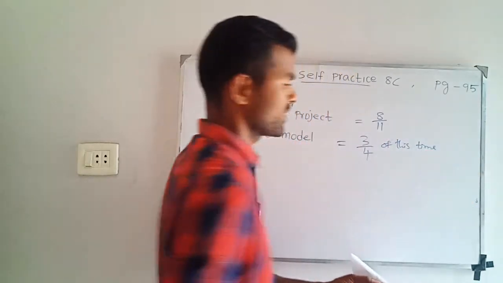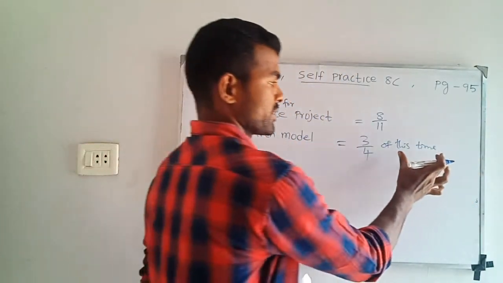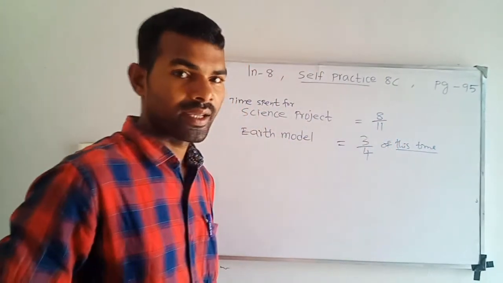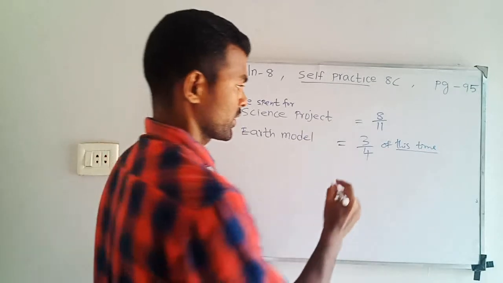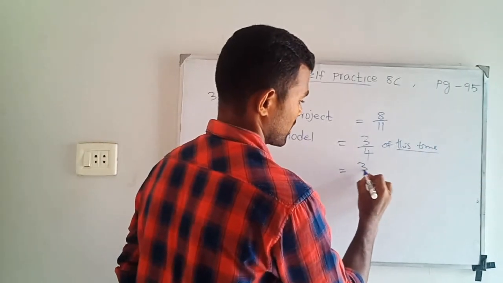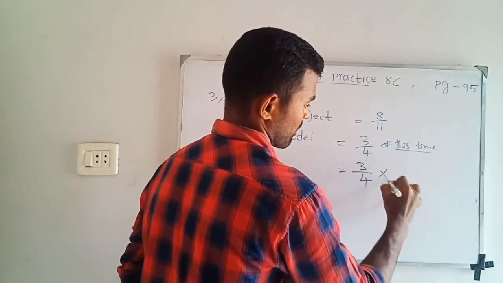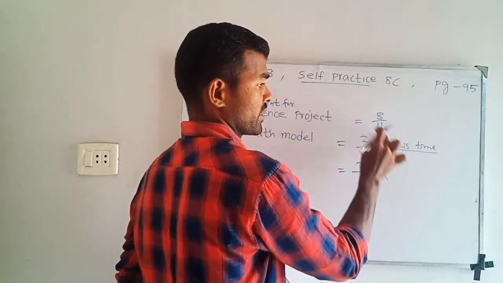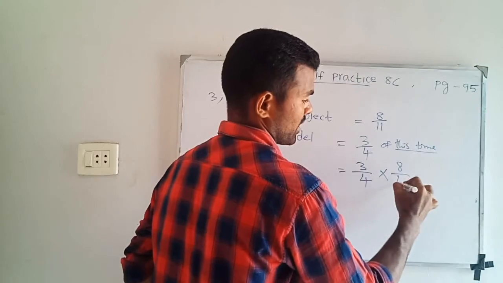They told us here, of this time. So this time refers to what number? 8 by 11. So you can tell that it is 3 by 4 multiplied, of means multiply. This time is referring to 8 by 11.